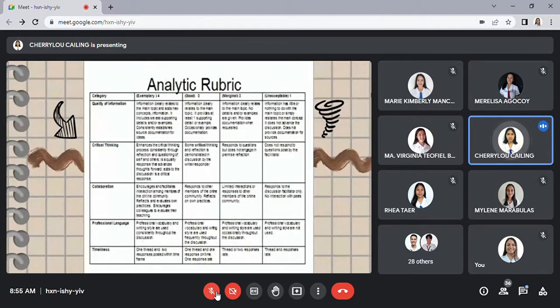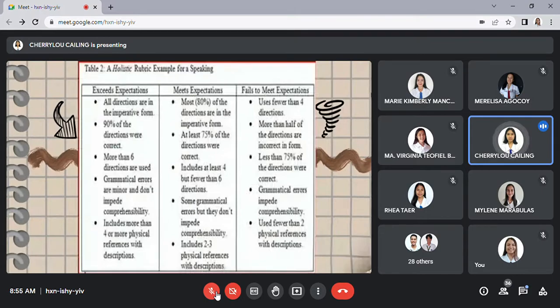While kani exemplary, good, marginal, etc. na belong ni siya sa assessment criteria. So two-dimensional jud ang analytic rubric. So ang holistic rubric is a single criteria ra man siya. And makita nato sa table nga ang nakabutang is exceeds expectations, meets expectations, or fails to meet expectations. So meaning ana, ang table is one-dimensional ra siya.